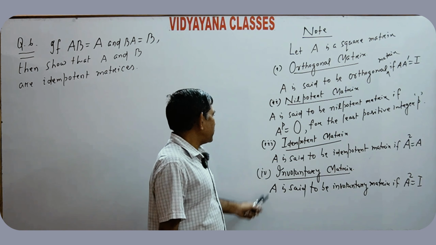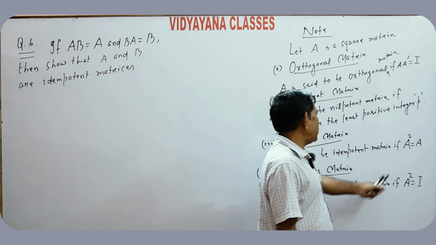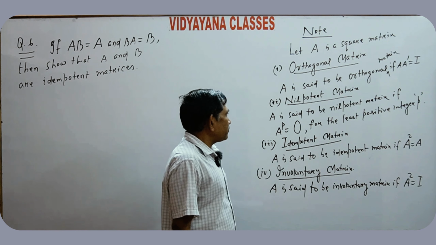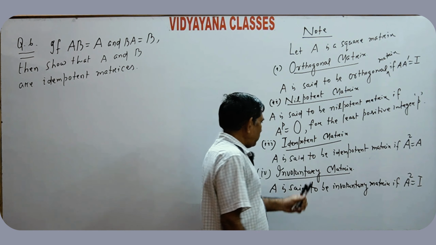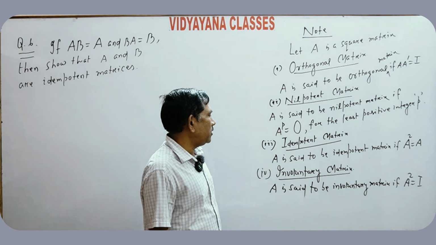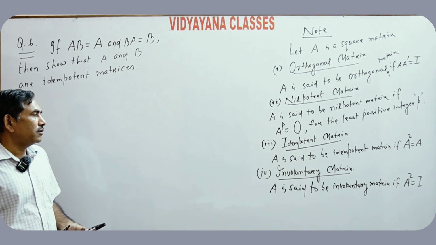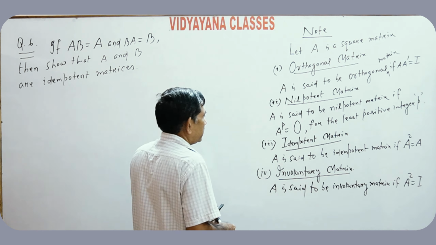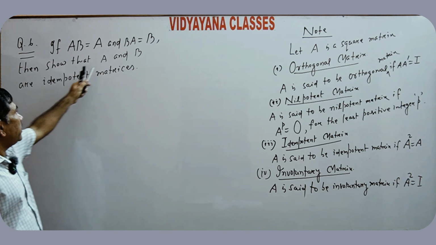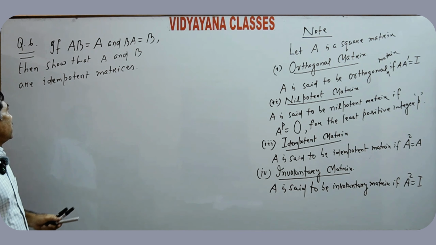Idempotent matrix: the square matrix capital A is said to be idempotent if A square is equal to A. Involutory matrix: the square matrix capital A is said to be involutory if A square is equal to the unit matrix. Here we have to prove A and B are idempotent matrices.